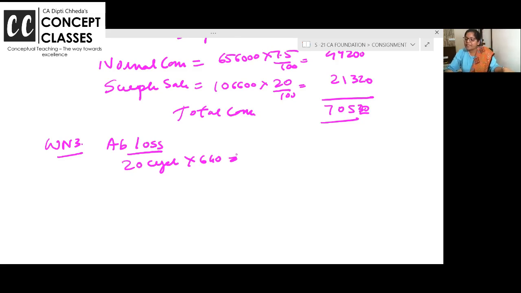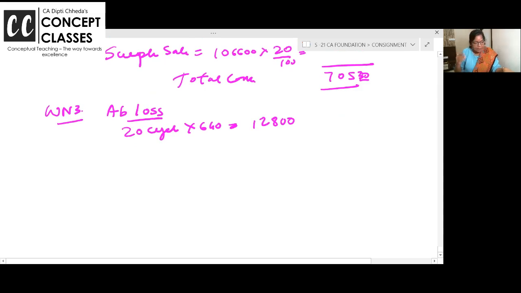So 20 bicycles, $12,800. And they said they were depreciated at 50%. Cost, market value is now 50%, 6,400.